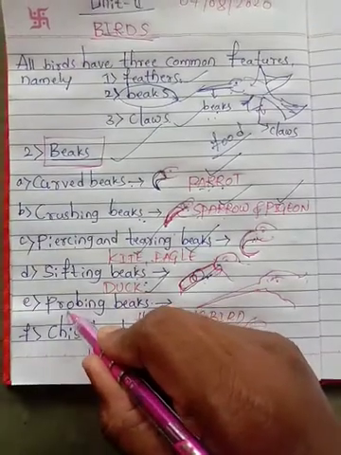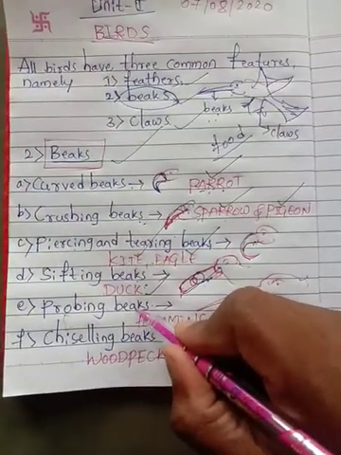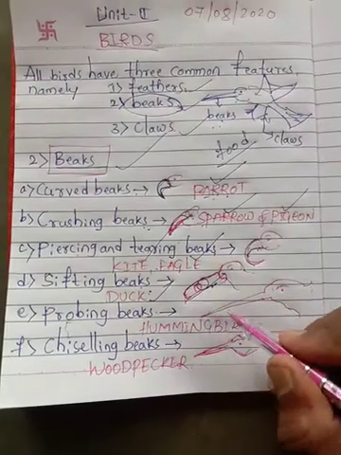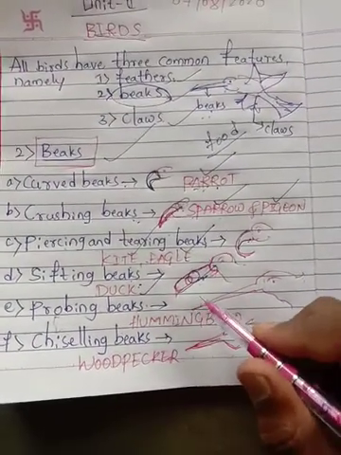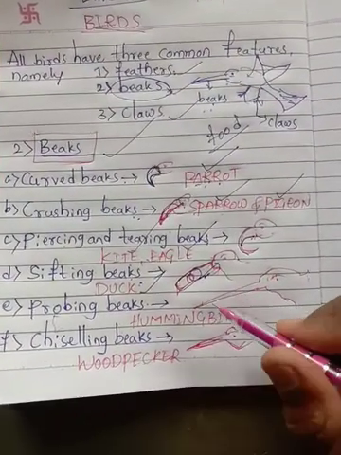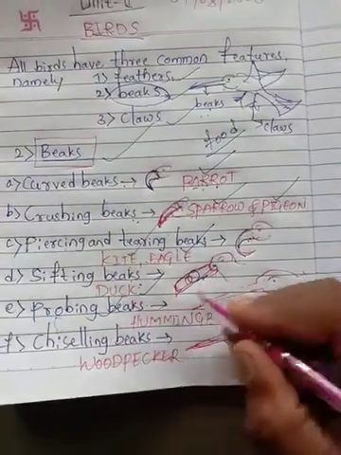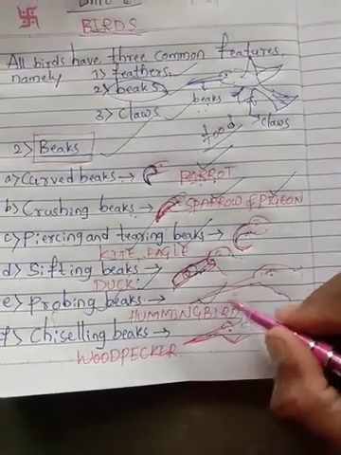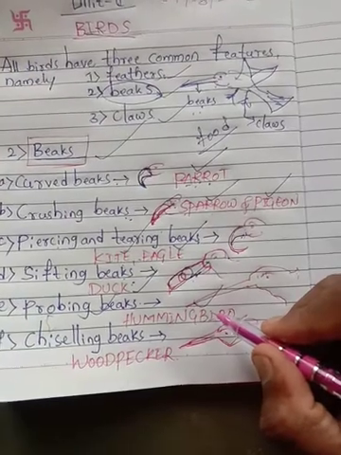Last one is the probing beak. Probing beaks are very long beaks. If a bird has a long beak like this, that is a probing beak. An example of probing beaks is the hummingbird. Have you seen a hummingbird?